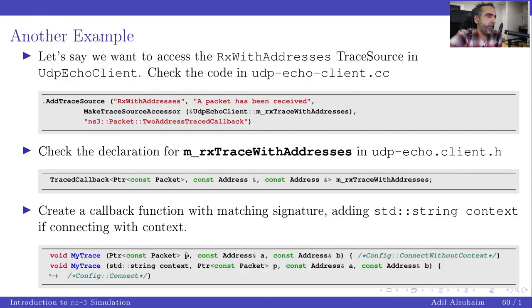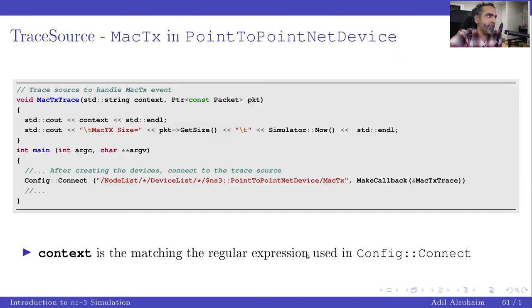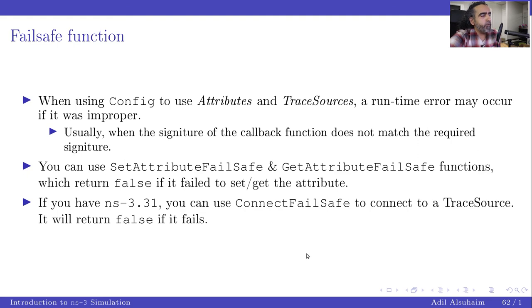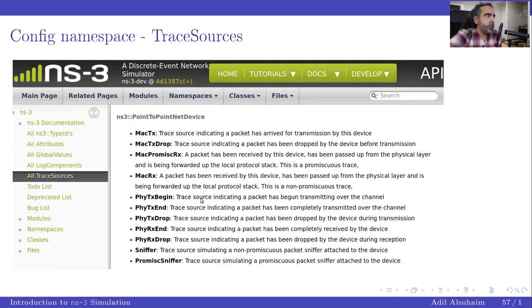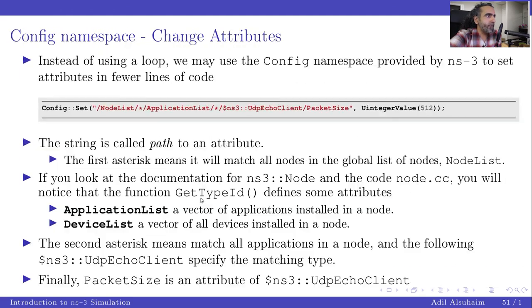We can use this if we have a pointer to that device, but I don't want to do that. There are also ways to get attributes and set attributes with failsafe. So basically, you return false if the matching doesn't work. So let me go back here. Here, I can use SetFailSafe, which tries to set the value, but if it fails, it will return false.